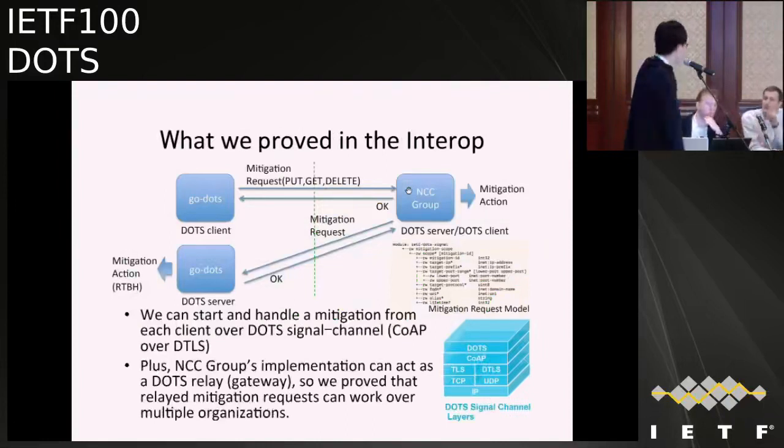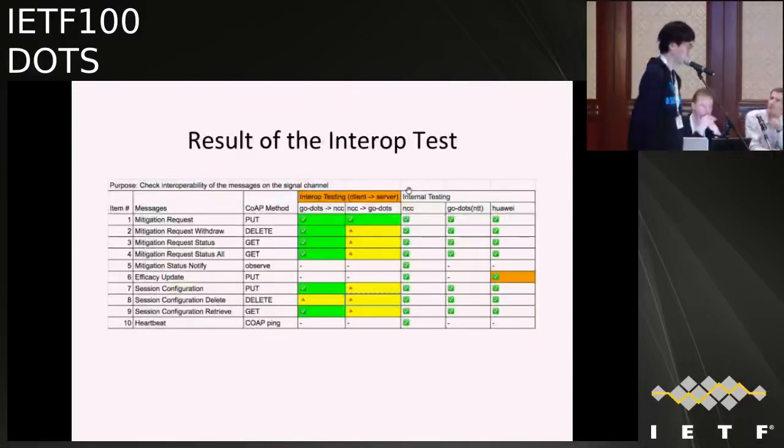Before we get off that slide, can I ask a couple of questions? So green means the interop between the two implementations worked. Yellow meant it did not. And then the internal testing, correct me if I'm wrong, is one implementation just connecting back to itself. Yeah, that's right. Internal testing means testing between the client and server of the same implementation.